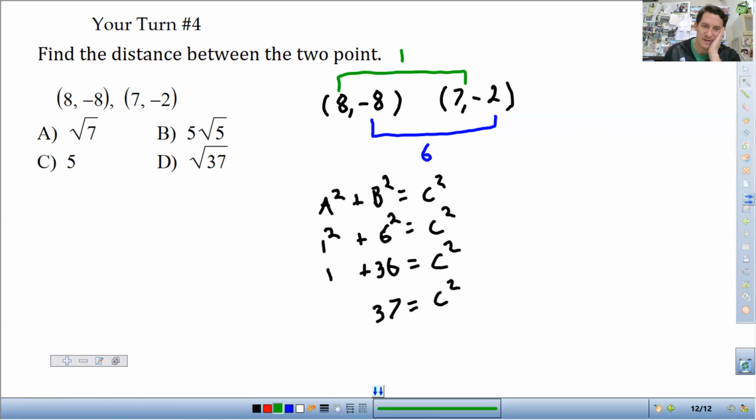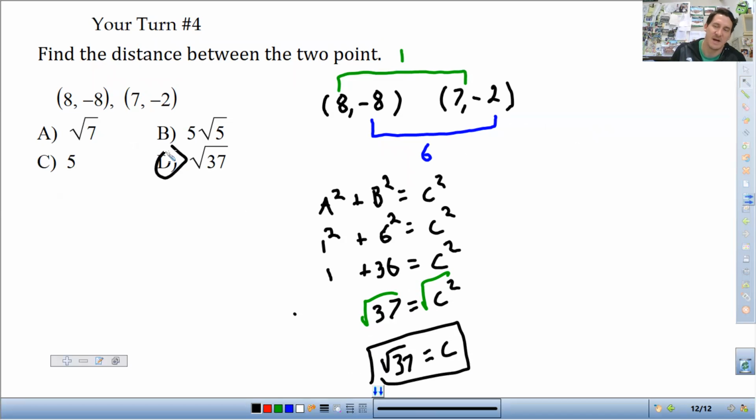Square root both sides. 37 is not a perfect square, so you need to do a buddy system on it. 37 is a prime number. It has no pairs. So when that happens, you just leave it as the square root of 37. If there's no buddies, it doesn't simplify. Your answer is that.